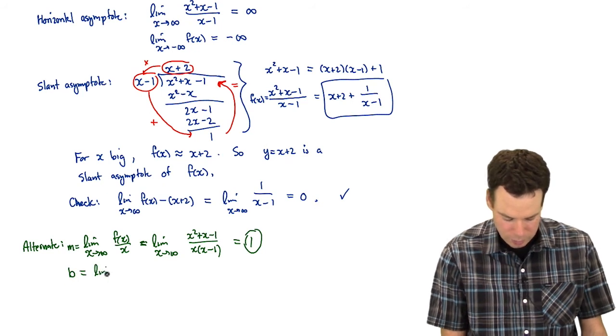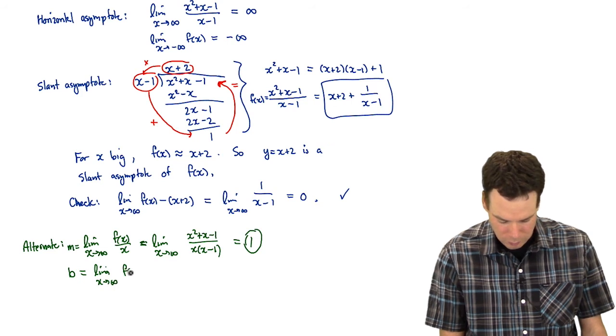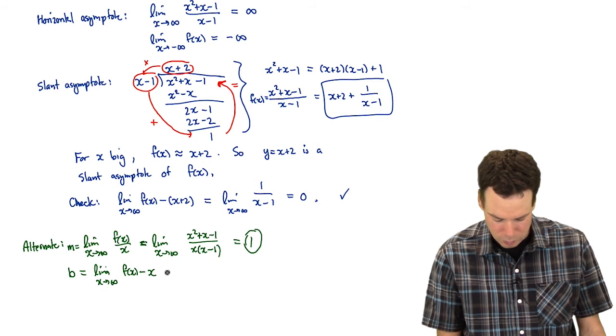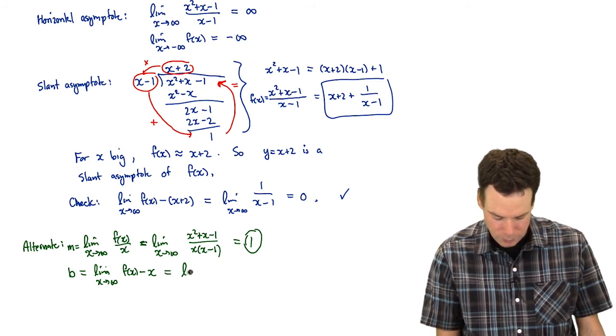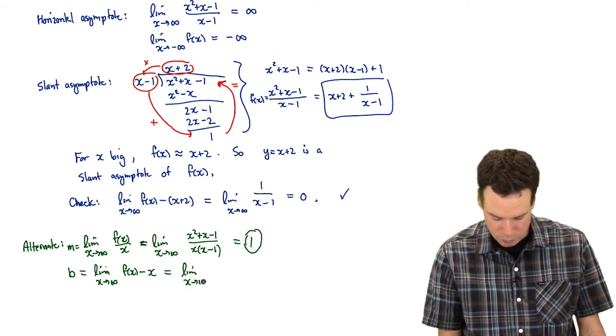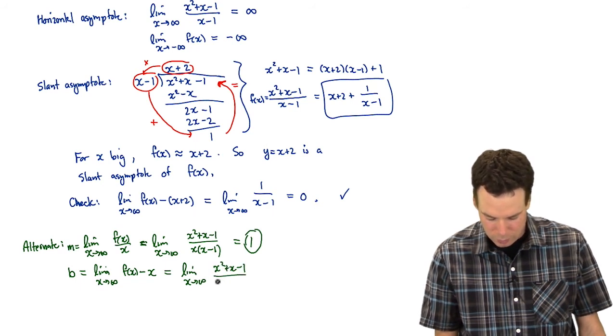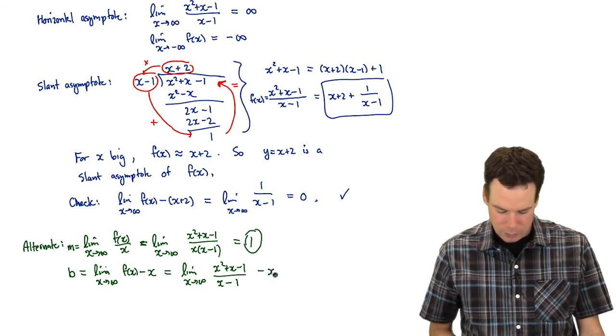Well, I take the limit as x goes to infinity of f of x minus m times x. m is 1, so just minus x. That's the limit as x goes to infinity of x squared plus x minus 1 all over x minus 1 minus x.